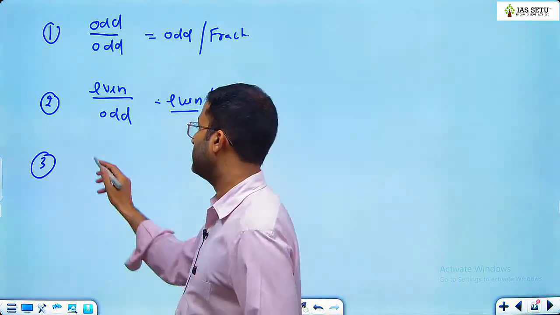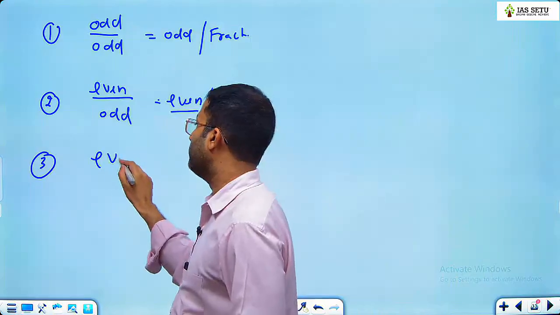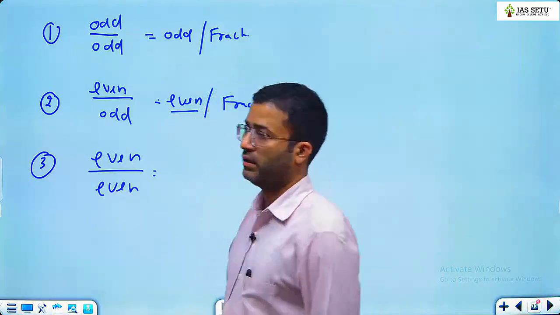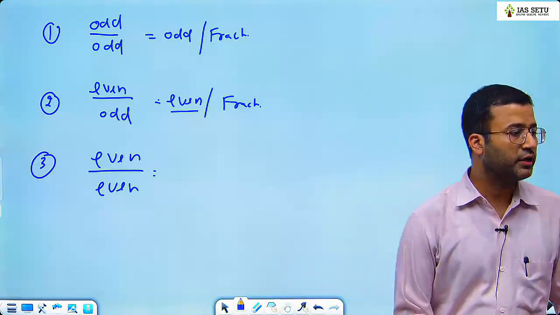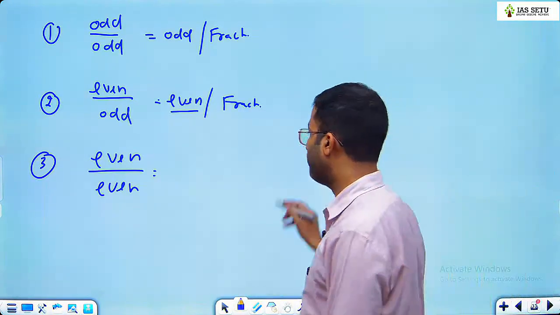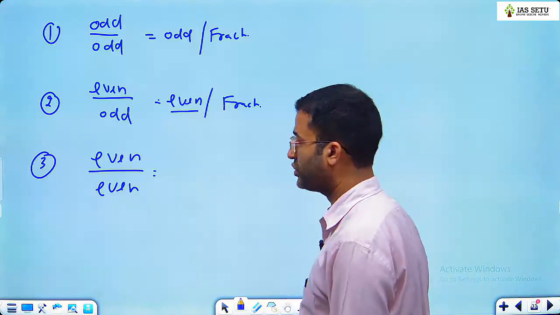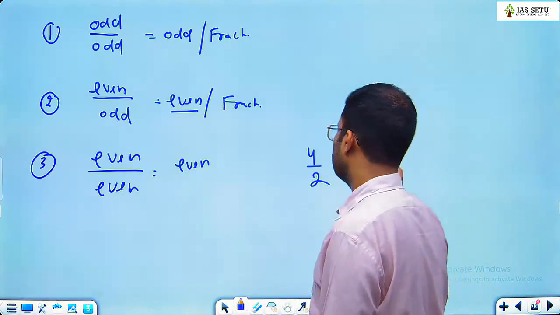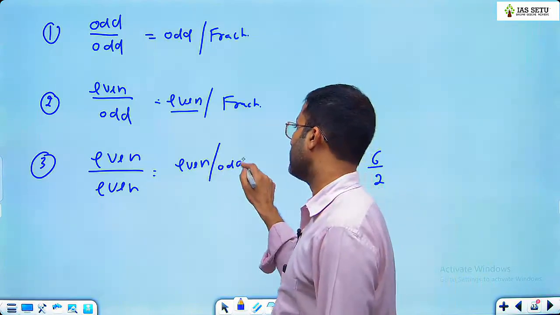Third is even number divided by even. Odd, even, fraction. यहाँ पे तीनों possibility हैं. You can write example 4 by 2, which gives you 2, which is even. 6 divided by 2, which is 3, which is odd.